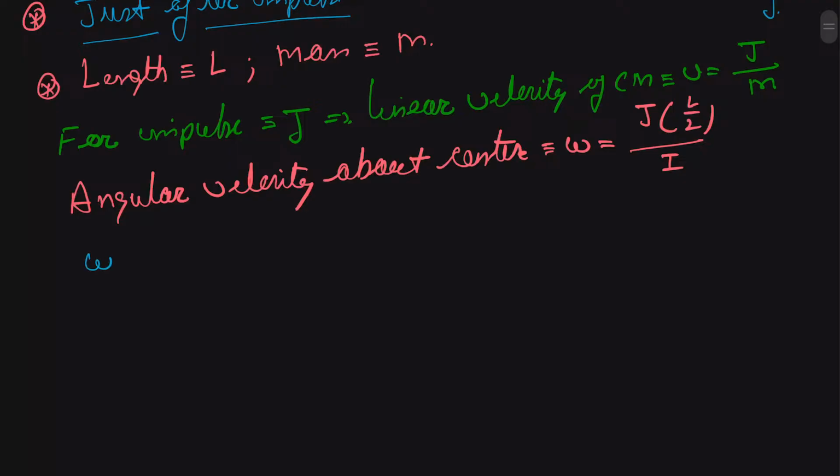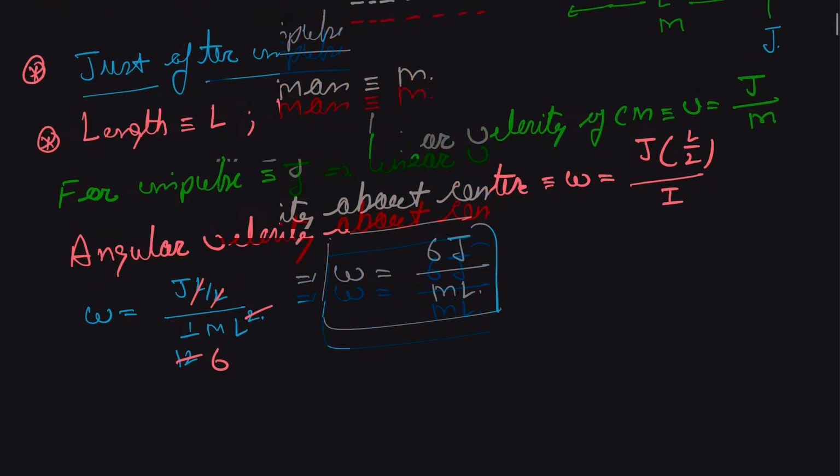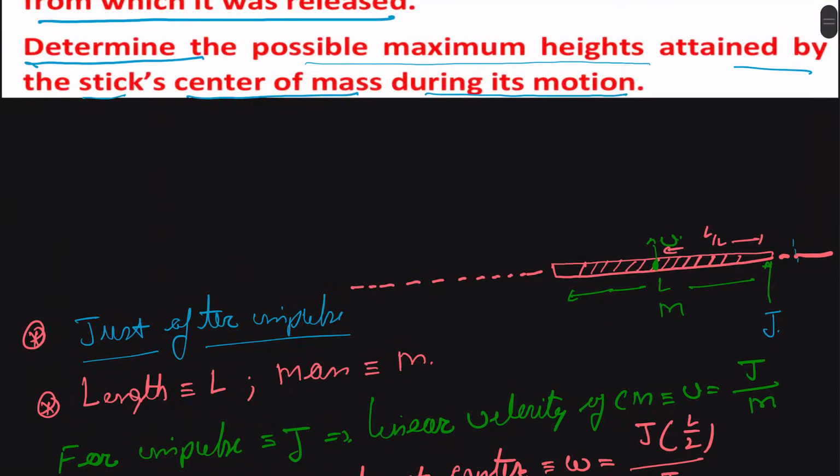Therefore omega is equal to J L divided by 2, and moment of inertia is 1 by 12 m L square. Here the square cancels with L, and 12 goes by 6. Therefore omega will be equal to 6 J divided by m L. So this is our angular velocity, and it has a tendency to rotate with angular velocity omega, something like this.